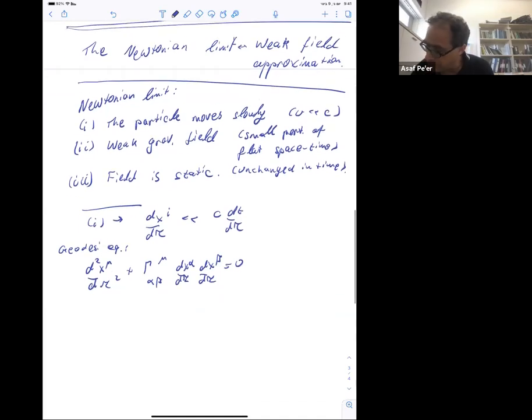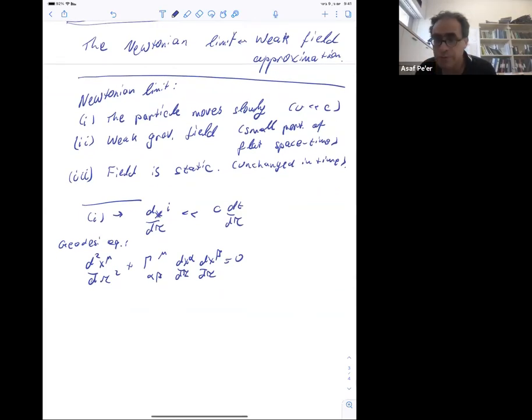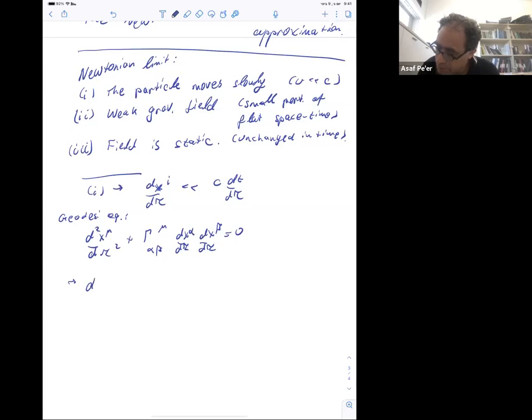Then since all dx^i/dτ, when i is not 0, are much smaller than dt/dτ, I can neglect all the terms here, except for α, β equals 0. So that means that I can write down d²x^μ/dτ² plus Γ^μ_00 (c dt/dτ)² is equal to 0.